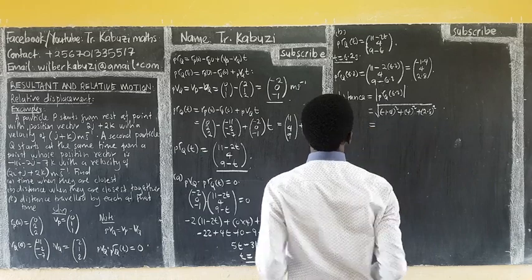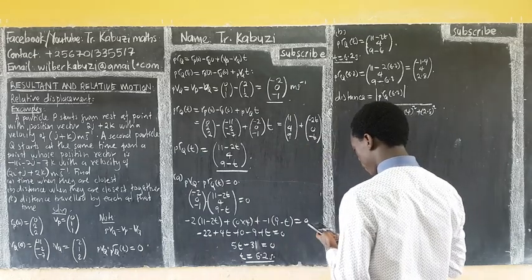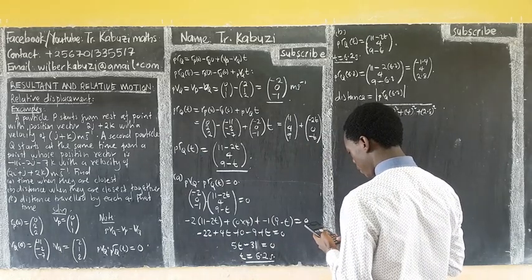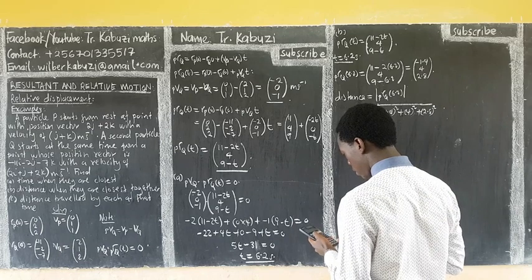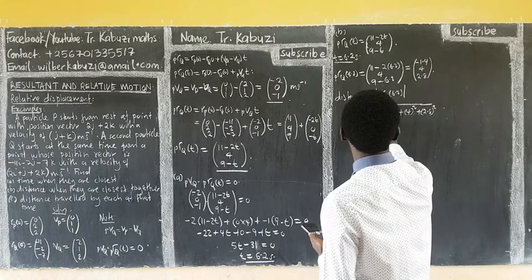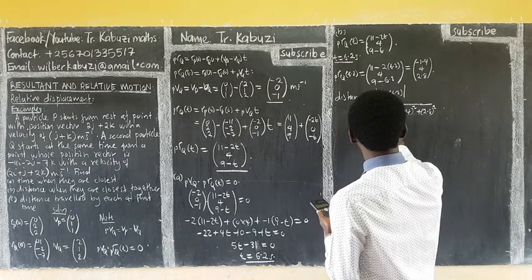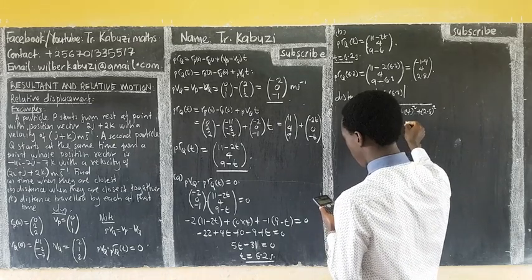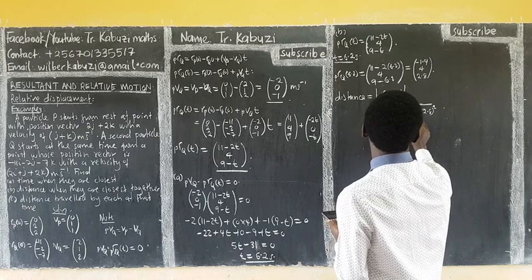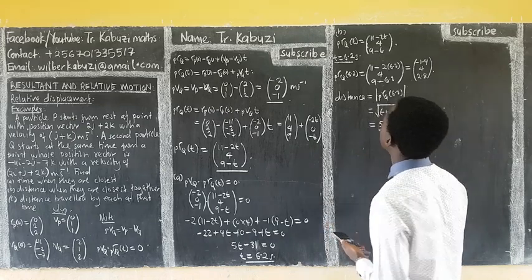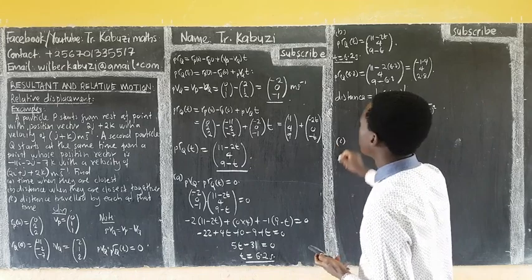This will give us 5.0794 meters. That's the distance when they are closest.